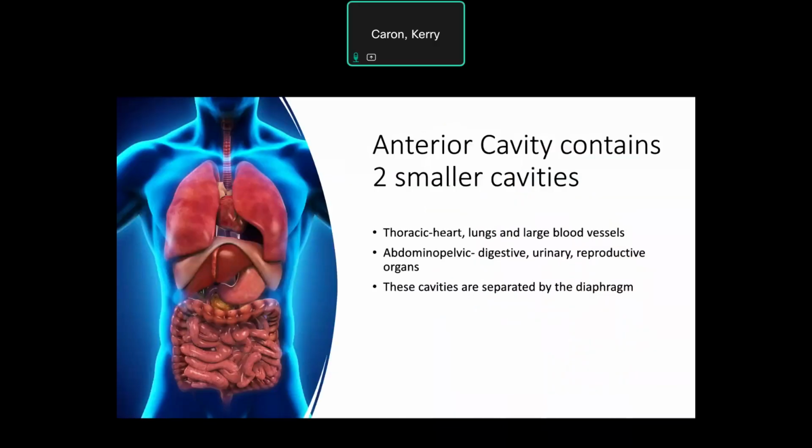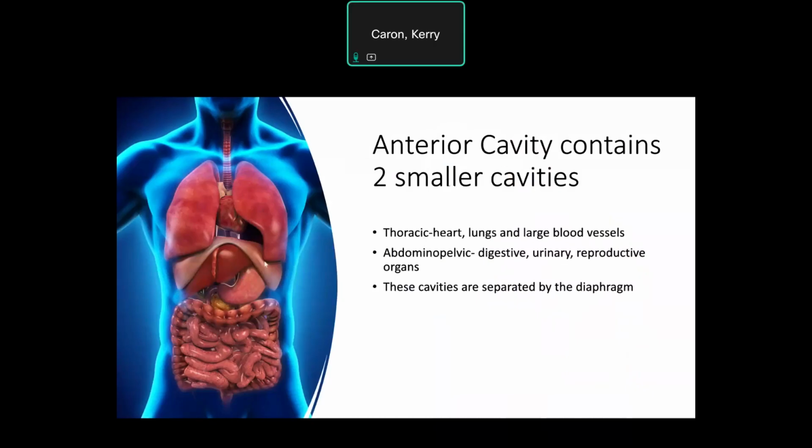The anterior or front cavity, I kind of mentioned this, has two smaller cavities. So you have your thoracic or chest, containing the heart, lungs, and large blood vessels, and abdominopelvic. Sometimes we call it the abdominal cavity and then the pelvic cavity separate, but abdominopelvic contains all your digestive, urinary, and reproductive organs.